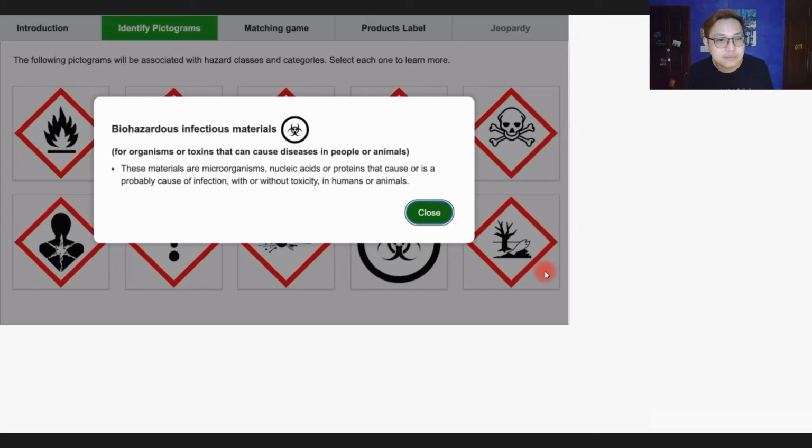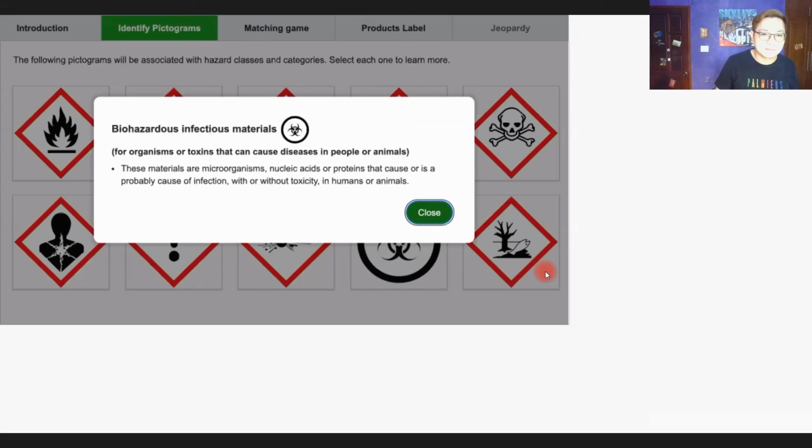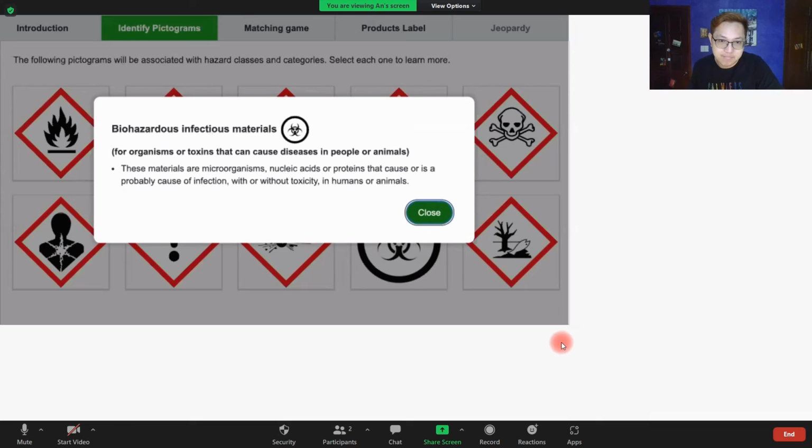Or organisms or toxin that can cause disease in people or animals. These materials are microorganisms, nucleic acids or proteins, nucleic acid or protein that cause or is a probable cause of infection with or without toxicity in human or animal.